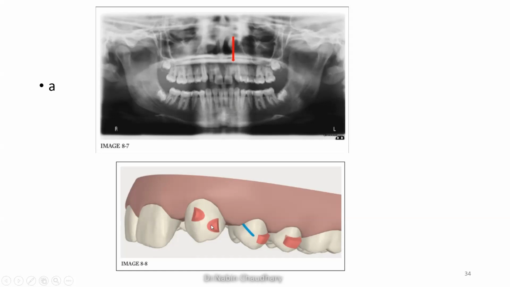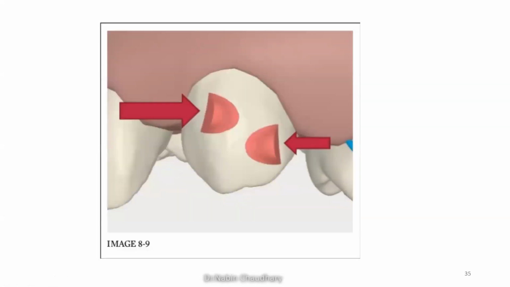So in this case, two root contour attachments were placed. One was on the medial aspect, the gingivally placed attachment, and on the distal aspect, on the incisal aspect, another attachment was placed. And by placing the root contour attachment, we can move the tooth bodily.